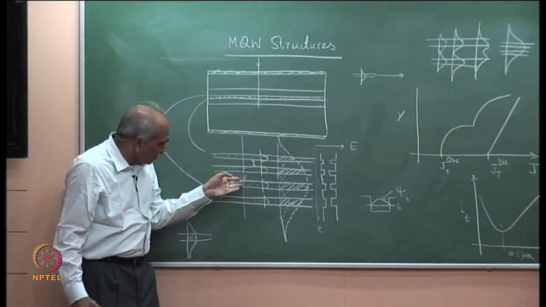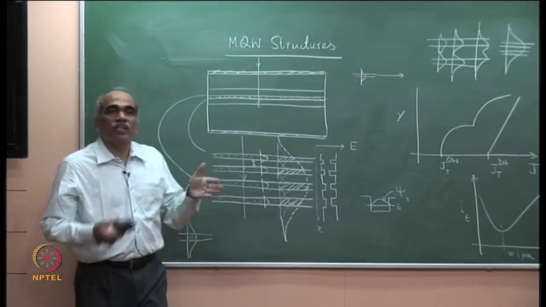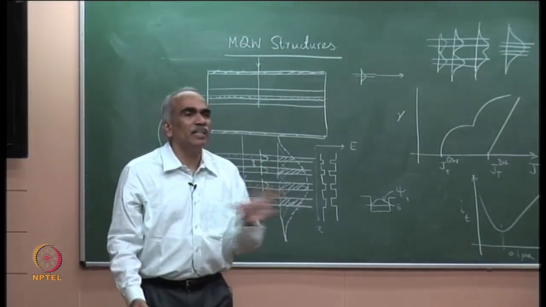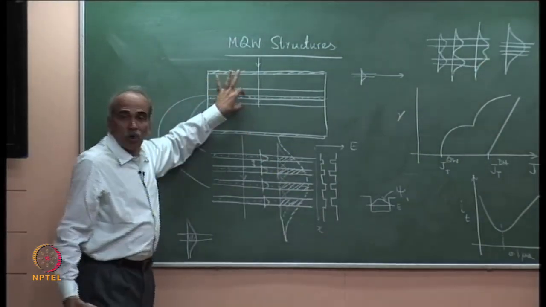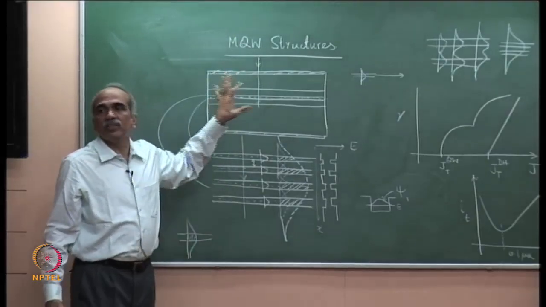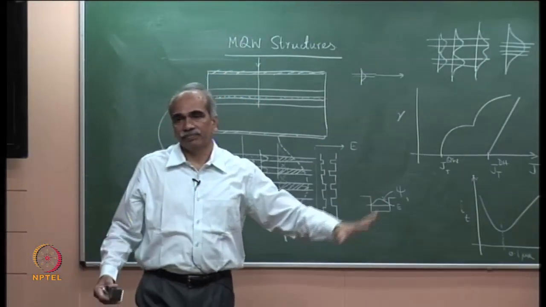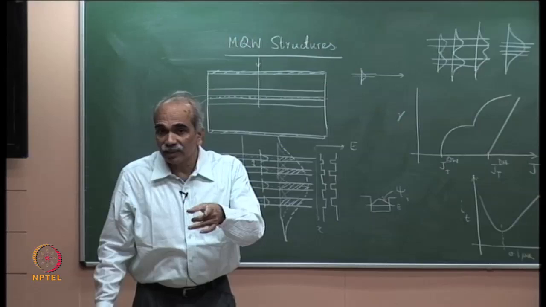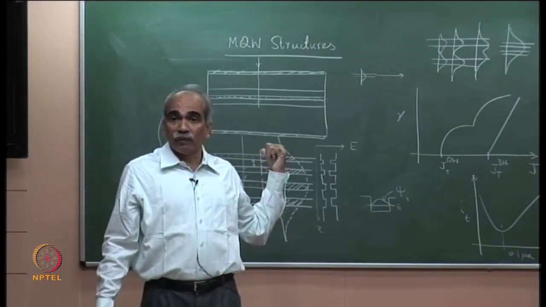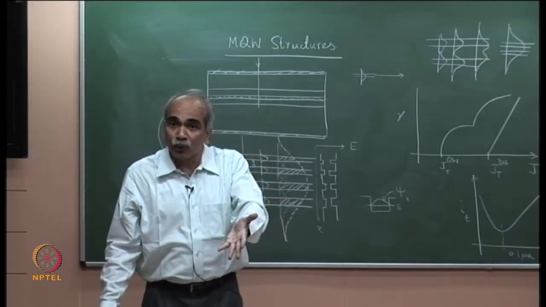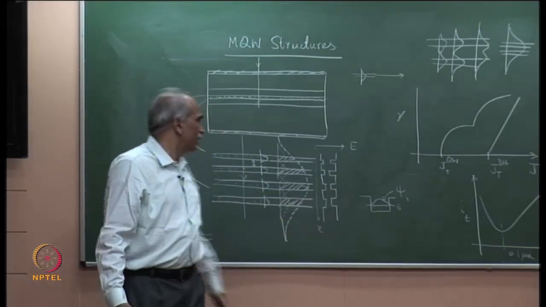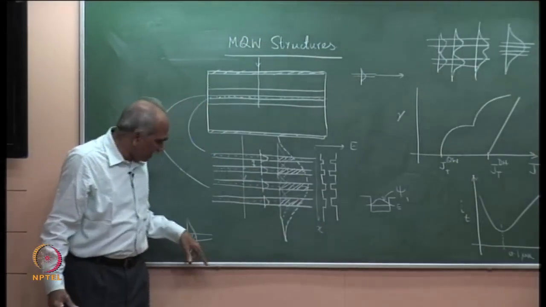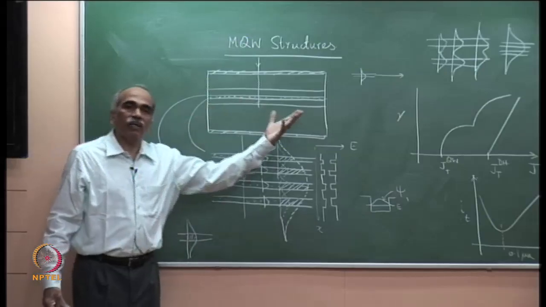But now you can increase the volume by taking 4, 5, 6, typically 3 to 6 wells are used in the active layer of a standard double heterostructure laser. Less temperature sensitivity is a good property of quantum wells you are making use of. Lower threshold, you are making use of that property, and yet you are enhancing gamma and getting a higher output power.